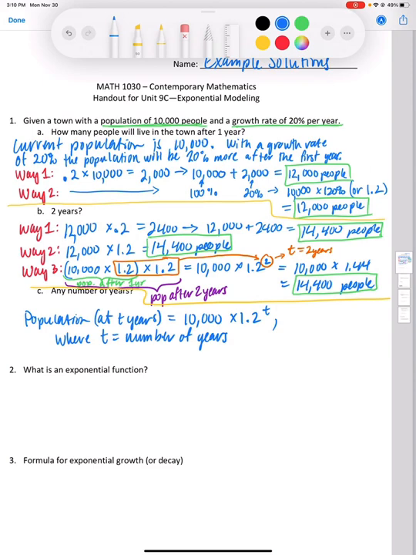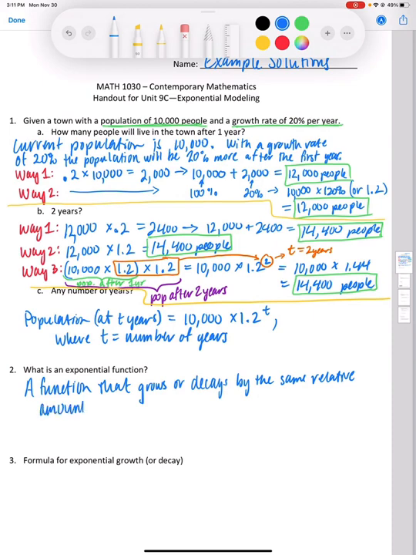So what is it exactly? Well, it's a function that grows or decays by the same relative amount. And just like we said, with the population growth, we have it growing by 20%.